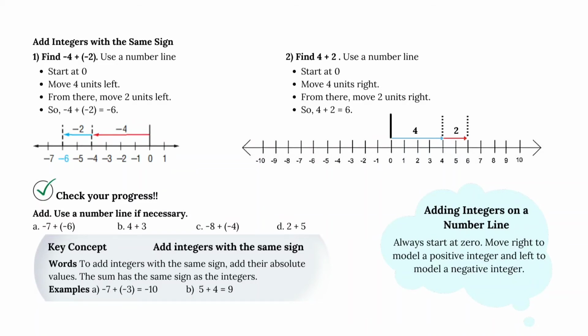Whereas in the second example, 5 plus 4 is equal to 9. Since both the integers have a positive sign, the result will have a positive sign. Now there is a little tip in adding integers on a number line. Always start at 0, move right to model a positive integer and left to model a negative integer.